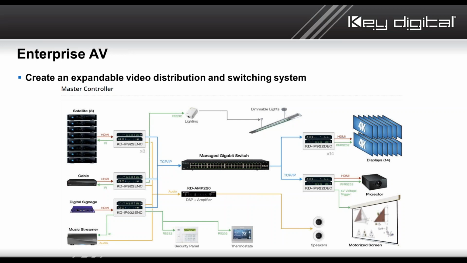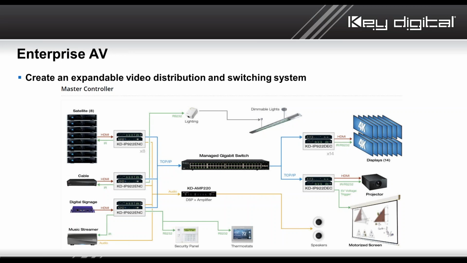Here we have a matrix system once again, but we're showing the IP922's ability to be a Compass Control master controller. There are 3 control ports built in. It could be a Compass master controller, or it could be additional control ports for any third-party control system.